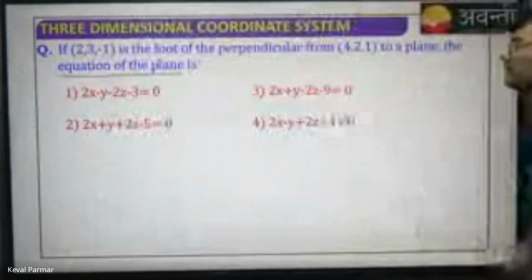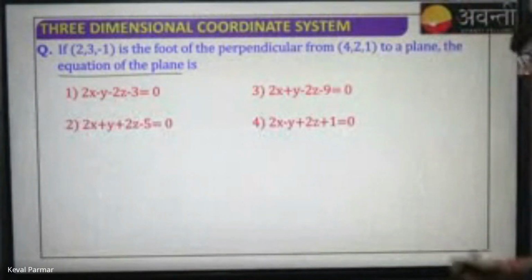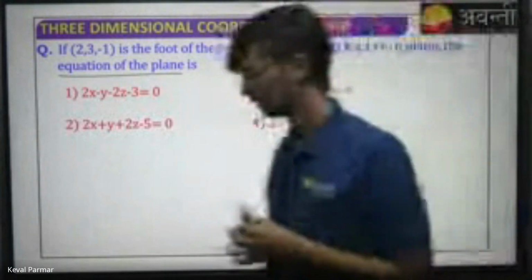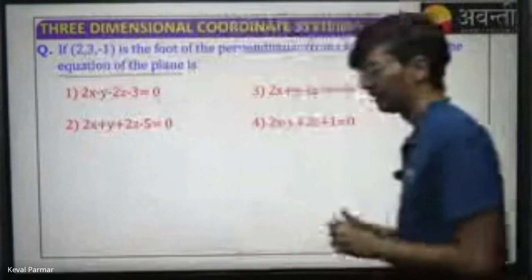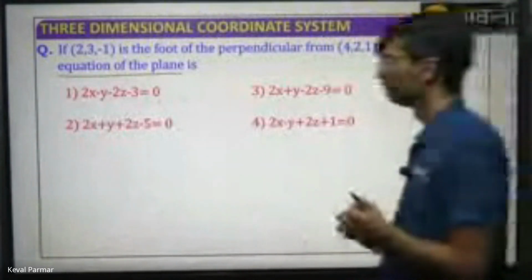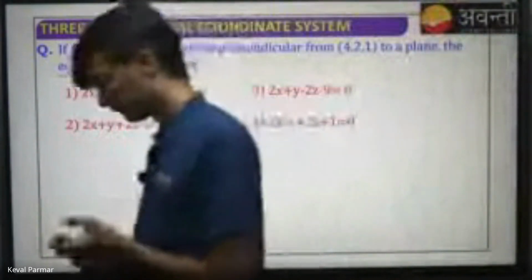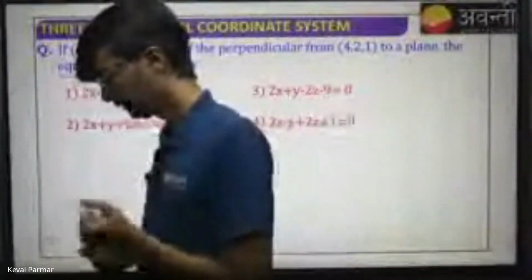Which line? We are talking about the plane, Sujit. Perpendicular line lies on axis. Which axis?